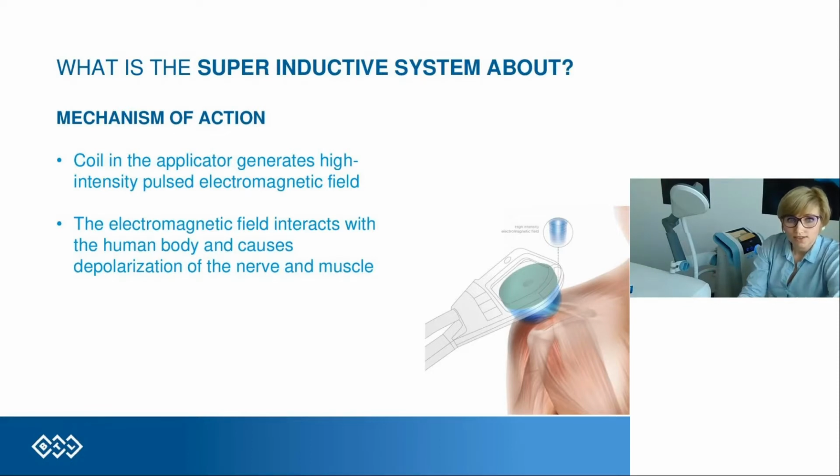So what is actually the superinductive system about? The mechanism of action is that the coil in the applicator here generates a high-intensity pulsed electromagnetic field. This electromagnetic field interacts with the human body and causes depolarization of the nerve and the muscle. So what is the effect?